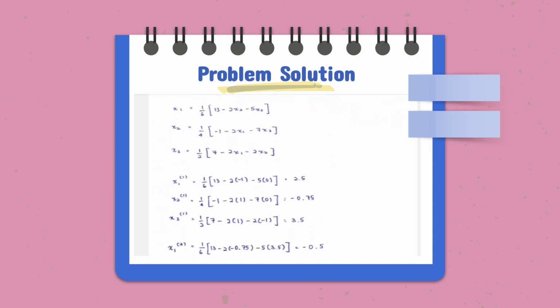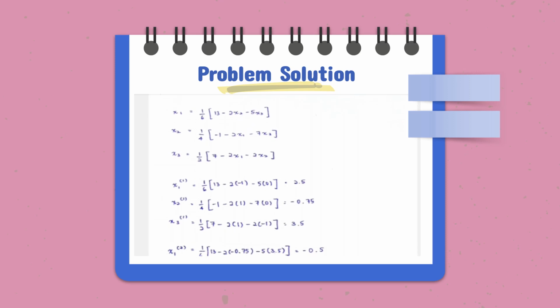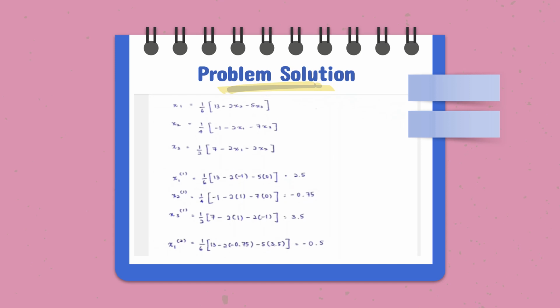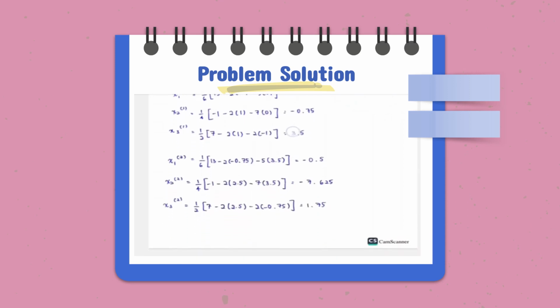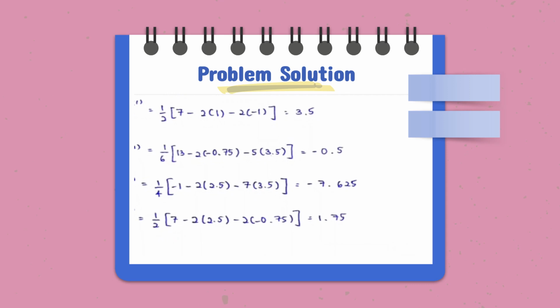So x1 equals 1/6 bracket 13 minus 2x2 minus 5x3. The value for x2 will be -0.75, while x3 will be 3.5, just like what is shown here. So we just insert the respective values from what we got in the first iteration.